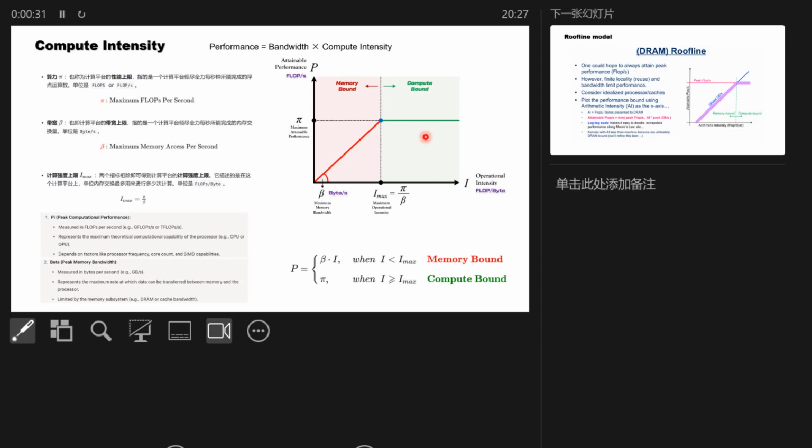Well, in the compute bound region, you may utilize the memory very, very well. That is, loaded very, very fast. But the performance, that is how many flops you can compute, doesn't show very well. It seems that you are not using a very good computation methodology.